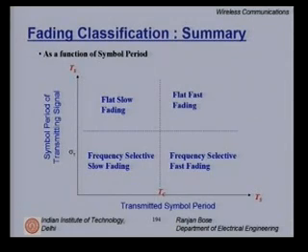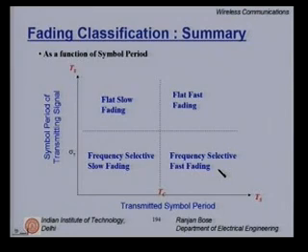Now, let us try to summarize the fading classification using these two orthogonal axes. Please note, here we have put 4 components: the flat slow fading scenario, the flat fast fading scenario, frequency selective slow fading scenario, and frequency selective fast fading scenario.